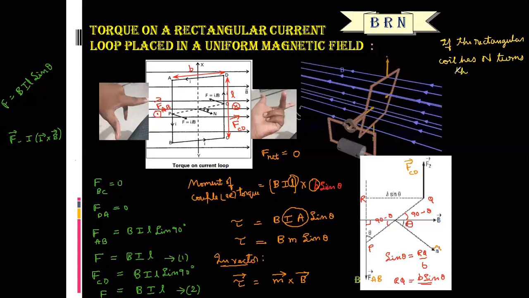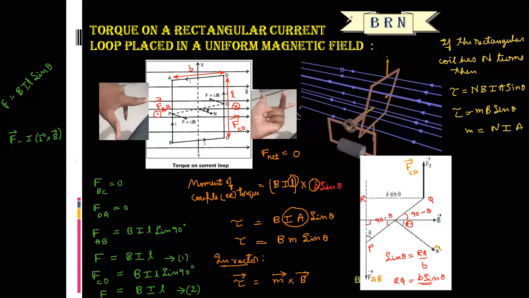Then the torque mathematical expression is n I A B sine theta. So tau is equal to mB sine theta, where the m value is n I A.